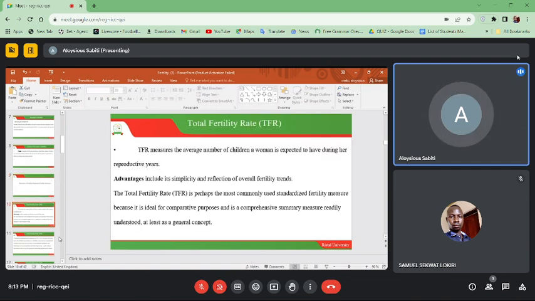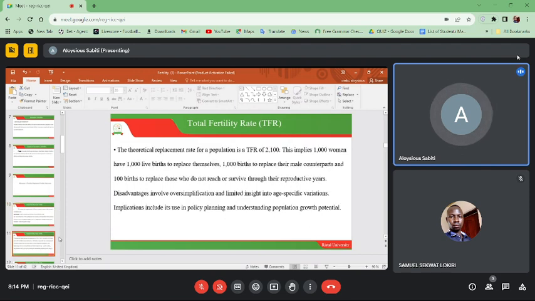So the first measure of fertility is what we call the total fertility rate, and it measures the average number of children a woman is expected to have during her reproductive years. The total fertility rate is perhaps the most commonly used standardized fertility measure because it is ideal for comparative purposes, but also it is a comprehensive summary measure readily understood, at least as a general concept.